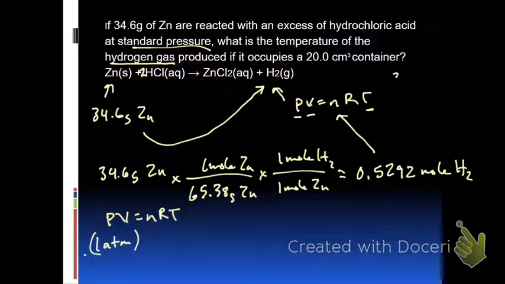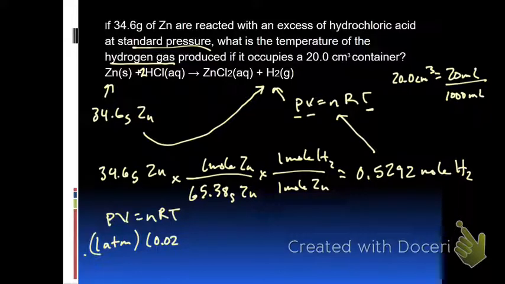So 20.0 cubic centimeters equals 20 milliliters, right? And remember, there's 1,000 milliliters in 1 liter. So if you did the math, it would just be 0.02. There's 3 sig figs here, by the way, liters.